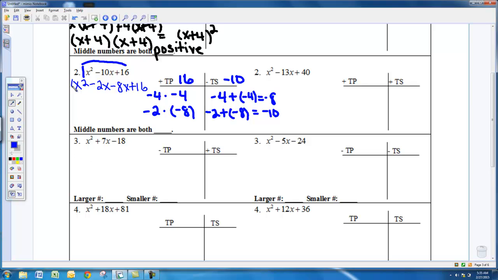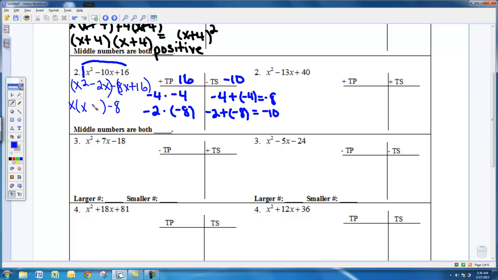Okay, group our factors into two groups. Okay, I'm going to take an x out of this group, because that's the only thing that they have in common. I'm going to take a negative 8 out of this group. So x squared divided by x is x.